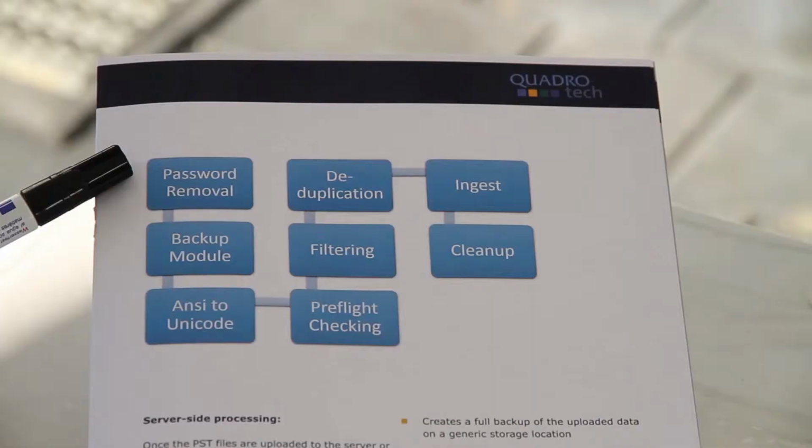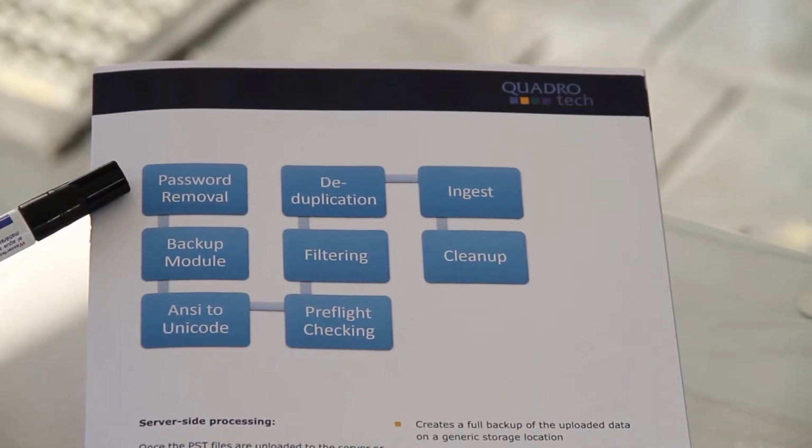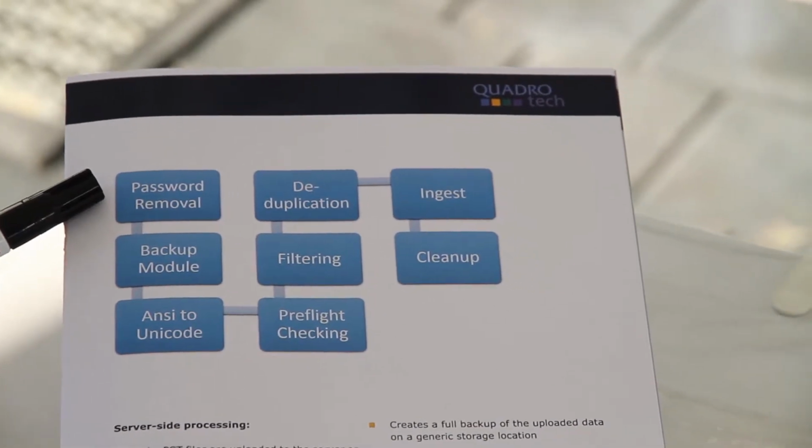So what we have with FlyTech is a series of post processes that we use. The post processes are there to ensure that all of these issues that I talked about, plus many, many more, are taken care of. The first thing we do is remove the password, so we strip it out of the system so we can continue the processing. We then do a backup.